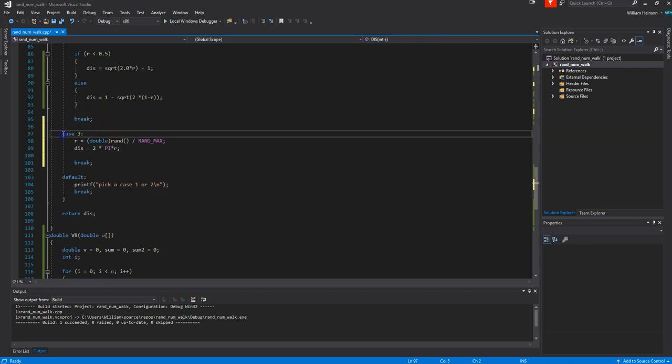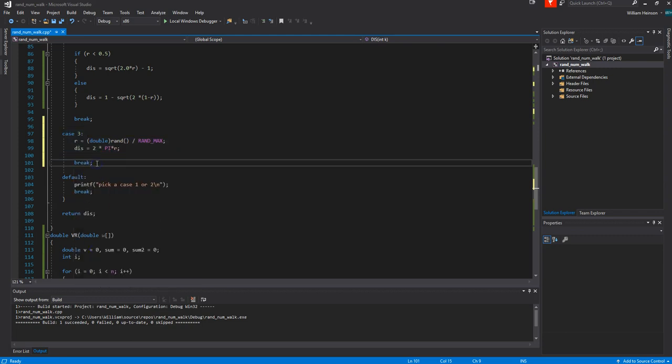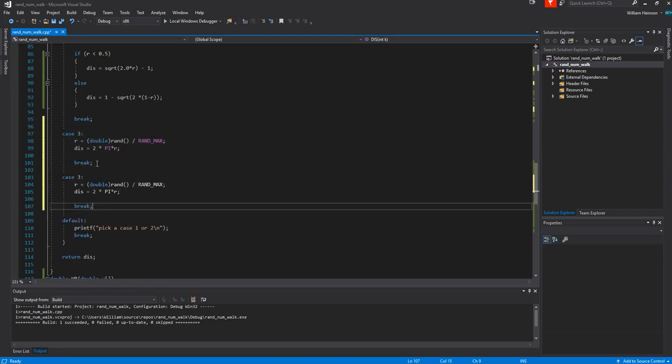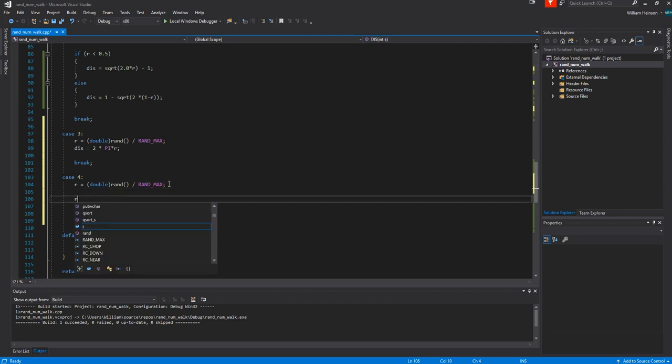And then we can do a case 4 for our theta. And I talked about this to death, right? You have to do our random number, so r between 0 and 1, and so you're sampling cosine theta, not theta.